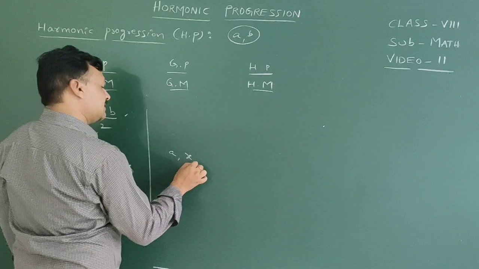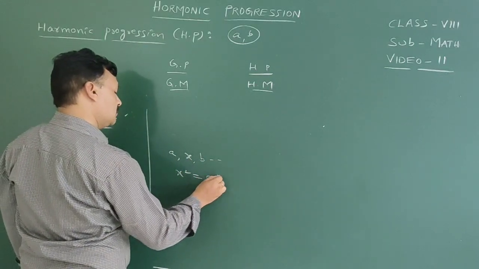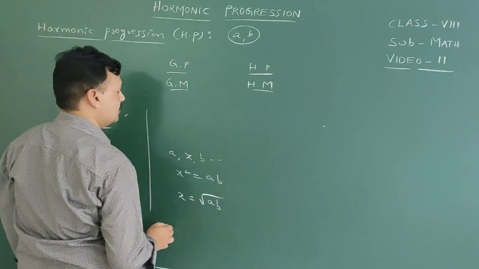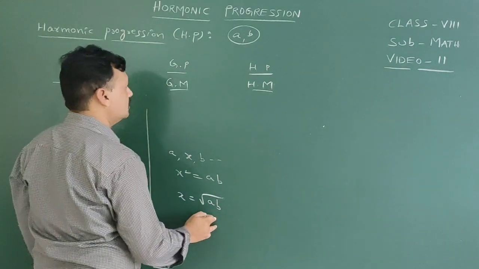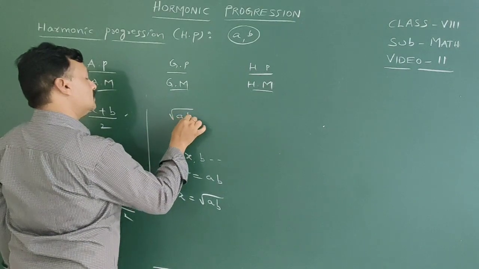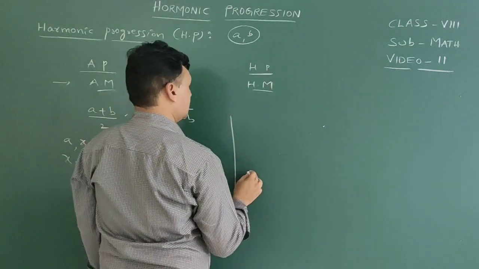If A, X, B are in GP, then X square equals AB, X equals root AB. Here, root AB.